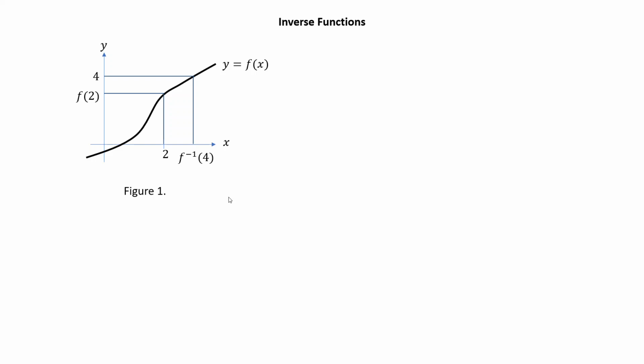Now, just like Apollo 13, Houston, we have a problem with this concept. What's the problem? Earlier, I showed you a graph of y equals f of x that looked like that and talked about finding f of 2, finding f inverse of 4 and all that. But now, what happens if I wanted to find f inverse of 4 in a case like this, where y equals f of x looks like this?